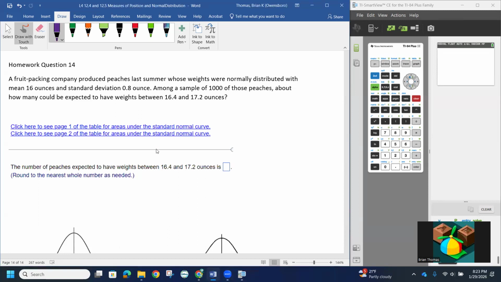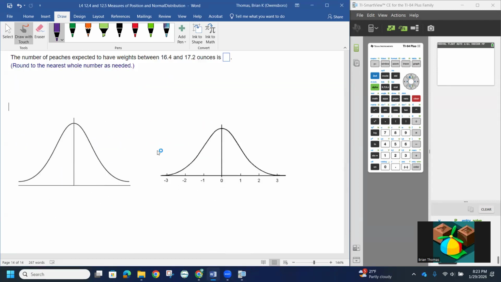So if we draw that out, we're going to have 16 is here. You're going to have 16.8, 17.6, and 18.4. If we go the other direction, I can't subtract very well. 16 minus 0.8, that's 15.2.